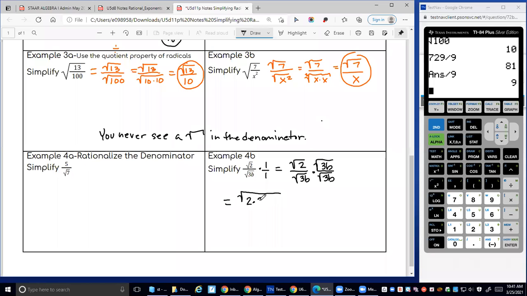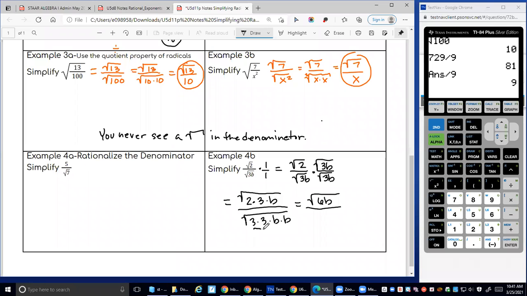I've got 2 times 3 times b on the top. And on the bottom, I have 2 3's and I have 2 b's. Is anything going to pop out on the top? No, I don't see any partners. 2 times 3 is 6. 6b. And on the bottom, what's going to pop out?